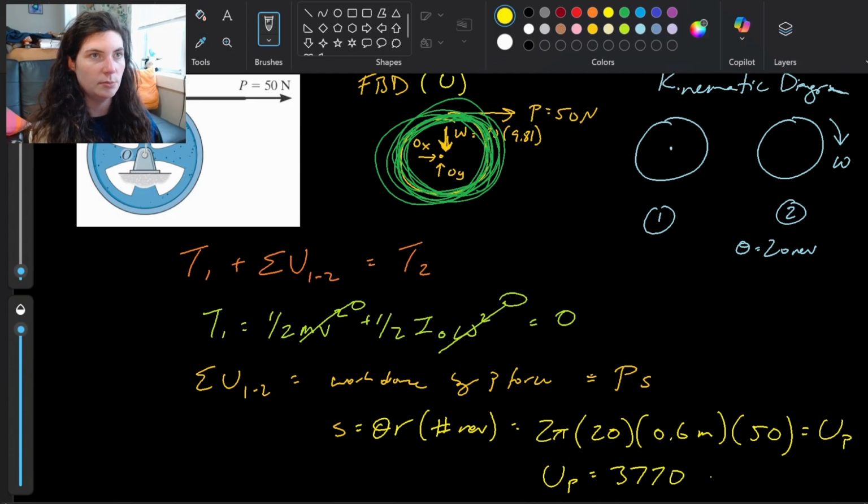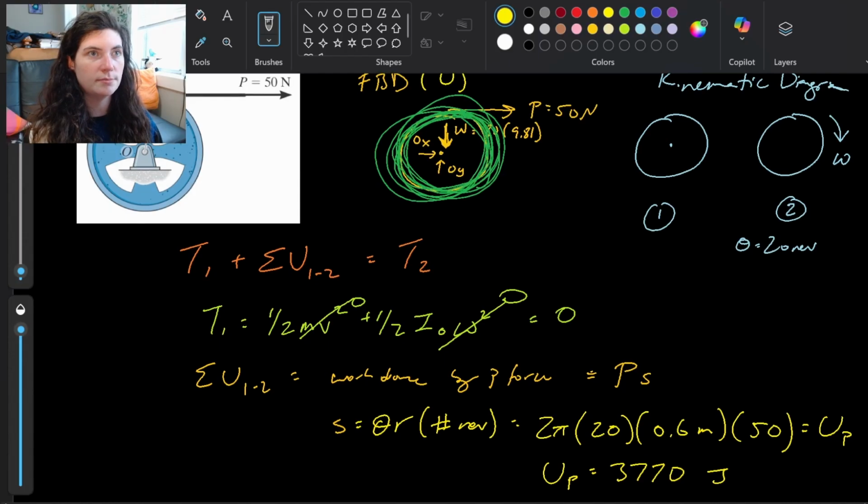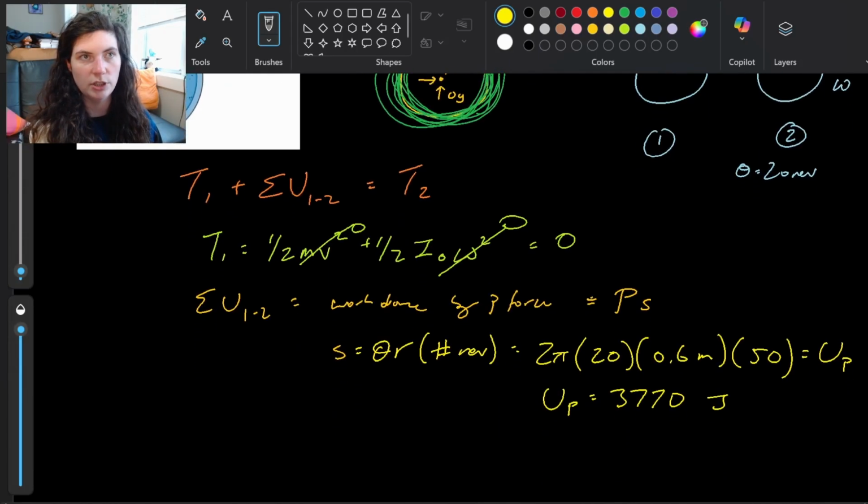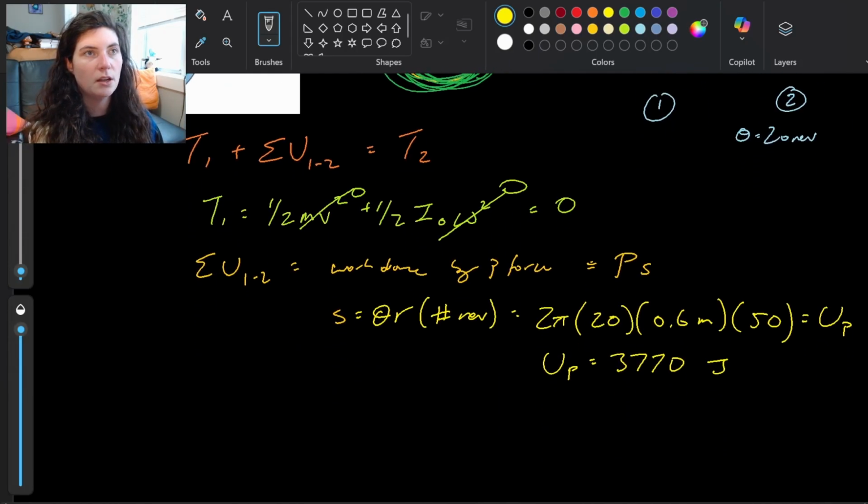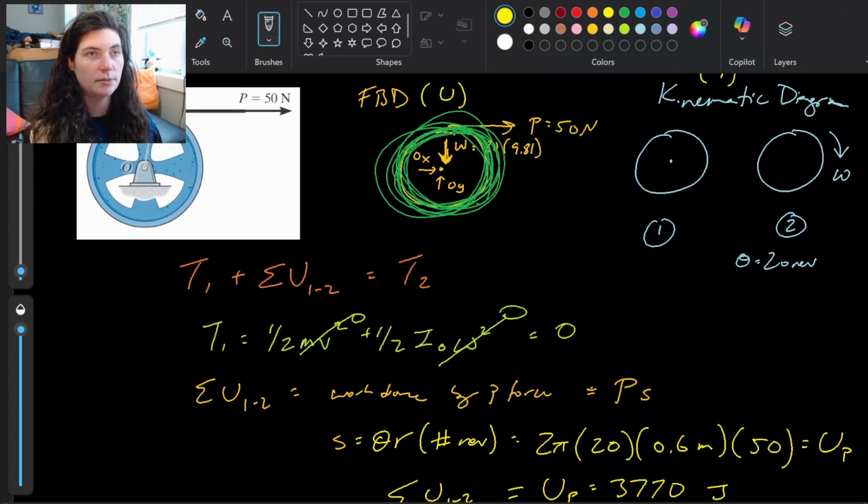And let's see, I had this in meters. This is in joules or Newton meters, whichever you like. And since that's my only form of work, that is going to be the summation of all my works. That's the only force in my free body diagram up here that does any work.